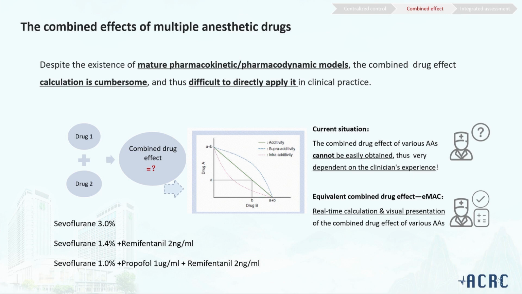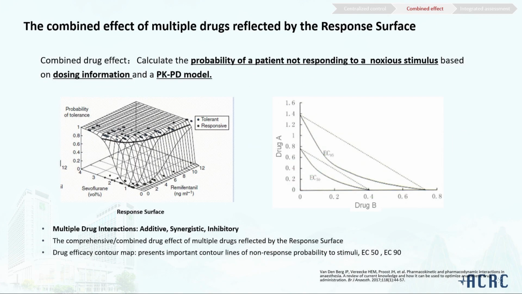So, using the same concept of MAC as we use for guiding adjustment of volatile anesthetics, if it is possible to generate an equivalent MAC to guide us when we use intravenous anesthetics, that will improve clinical patient safety and the individualized precision of patient management.